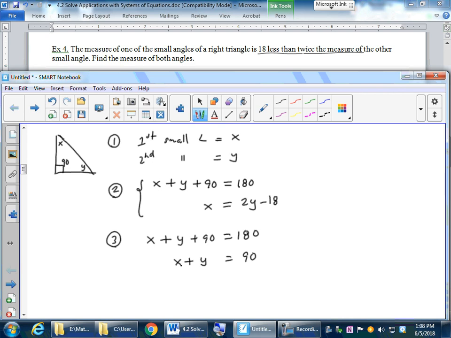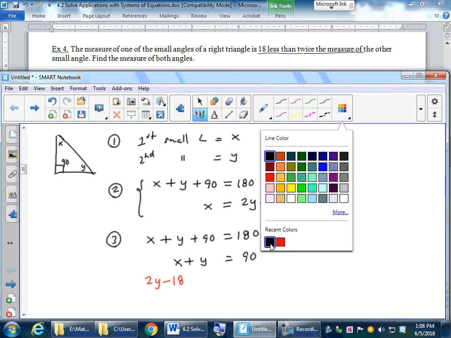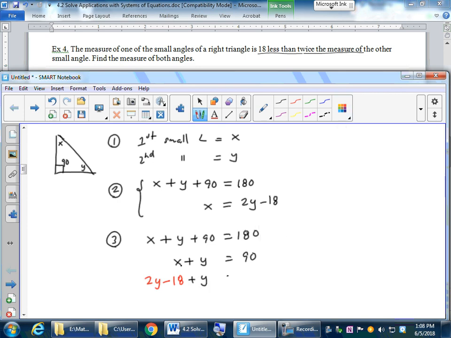So my x is basically 2y minus 18, plus y is equal to 90. So this gives us negative 18 plus 3y is equal to 90. And adding 18 to both sides, that'll give me 3y is equal to 108. And dividing by 3 on both sides, it will be 36.